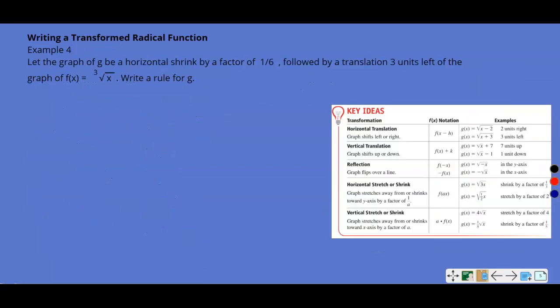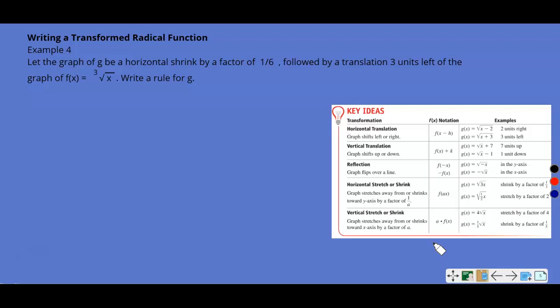Example 4, writing a transformed radical function. Let the graph of g be a horizontal shrink by a factor of 1/6, followed by a translation 3 units left of the graph of f(x) equals the cube root of x. Write a rule. All right, so I've attached these key ideas. Hopefully you have your notes handy, and it will make it easier to write a rule.